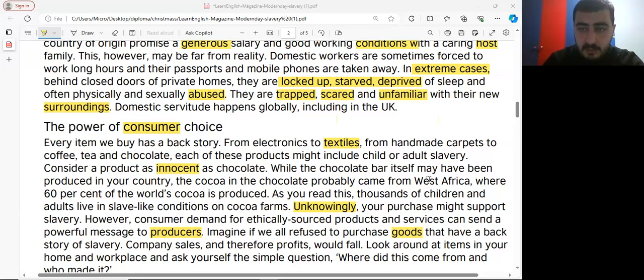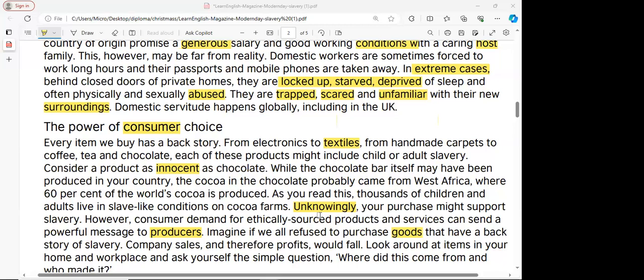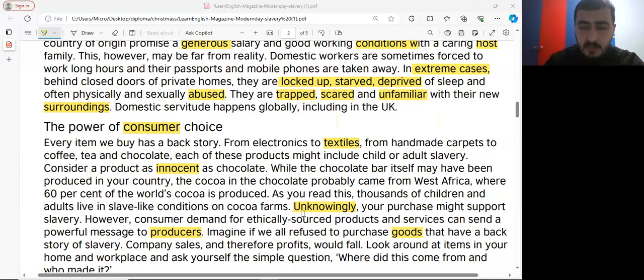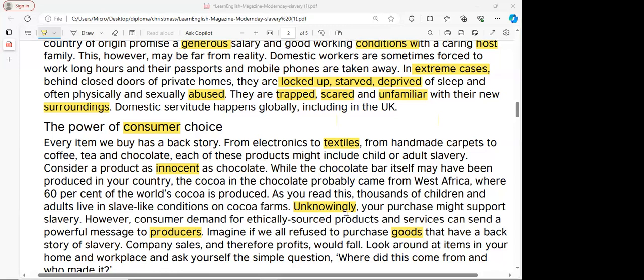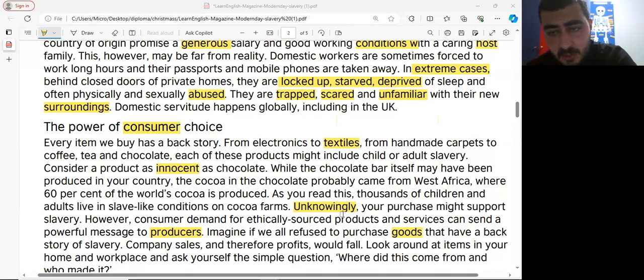Okay, well, this word, can you read it? Unknowingly. Knowingly. بالضبط, unknowingly. Okay. This one?